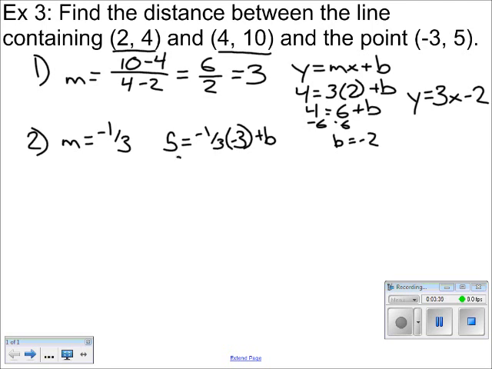Negative 1/3 times negative 3 is positive 1, plus b. So b equals 4. So our equation for step 2 is y equals negative 1/3 x plus 4.